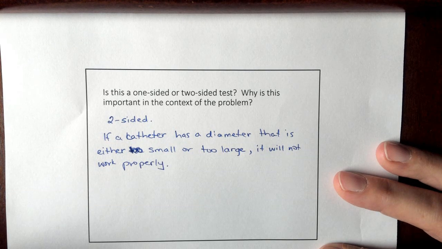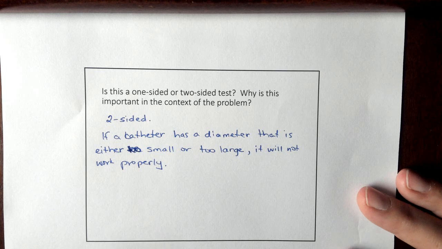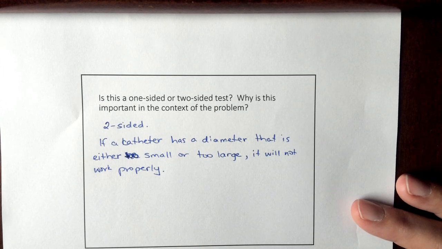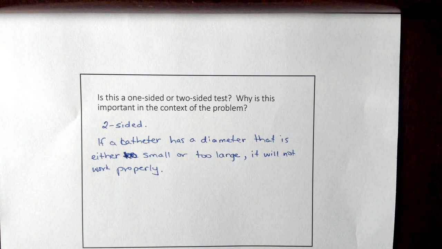If it's too small, then it probably won't do the job it's meant to do. If it's too large, will it even fit through a patient's vein? It could potentially hurt a patient, could do a great deal of harm. So it's important that we keep it within a window of acceptable diameter.